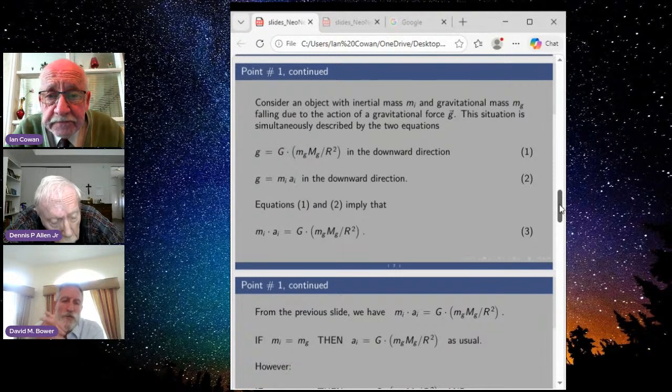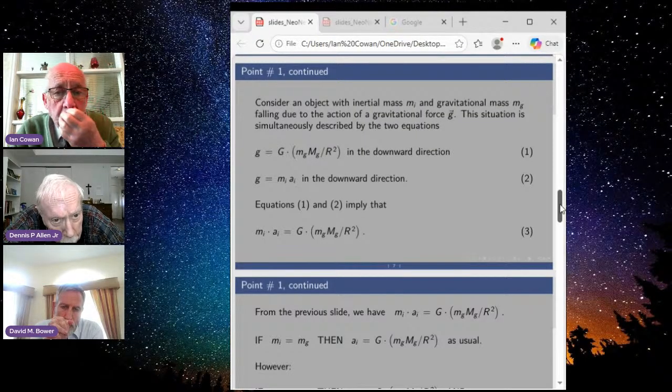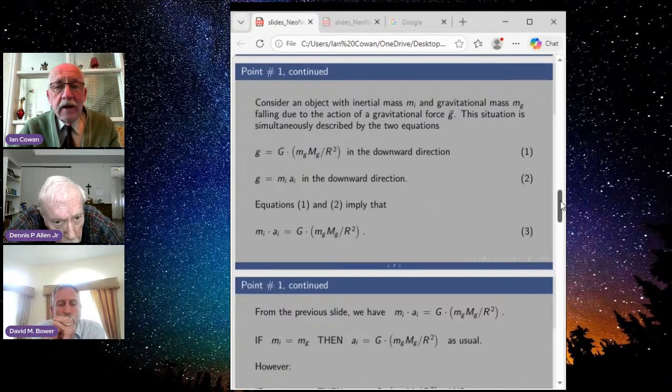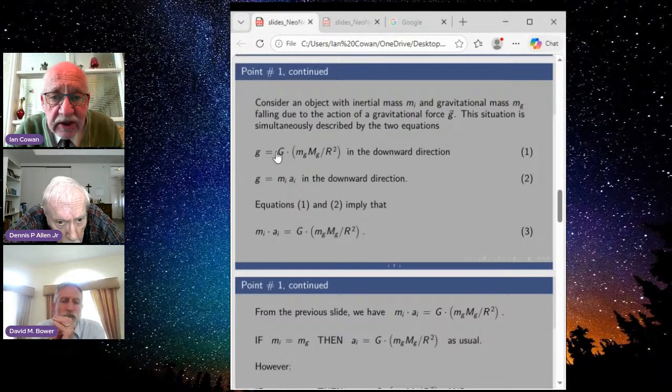G is the magnitude of the force. G is a force, not an acceleration. He's using a different notation. G is the absolute value of the vector G. Okay, it's probably not worth arguing about because I think your argument is sound. But I thought that was the acceleration due to gravity. No, that's the force.